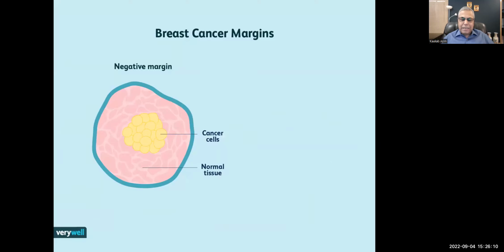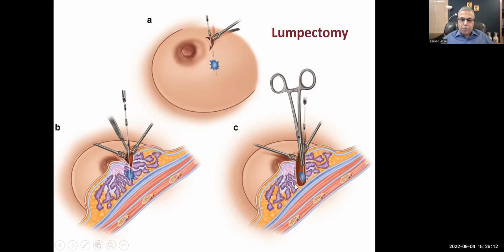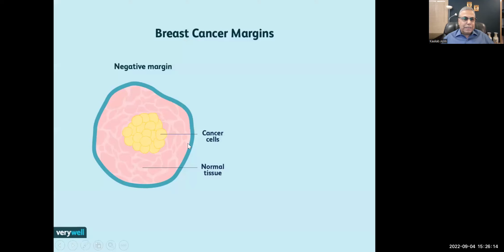And when I said that you have to remove surrounding normal tissue, this is how it is. This is the cancer, and you have cut out some normal tissue as well, because you do not want any cancer cells to be left behind in the breast, and that is what we call the residual disease. So whenever you take out any tissue for any cancer surgery, you send it to the pathologist, and the pathologist will look at the margins.